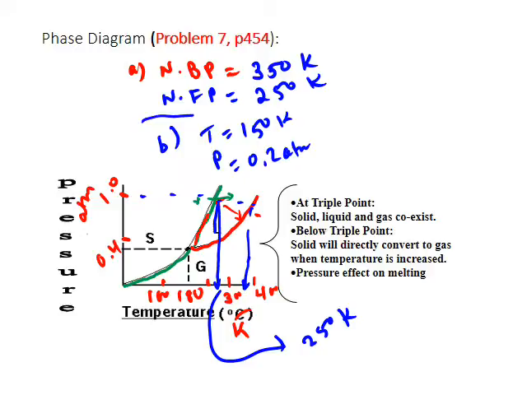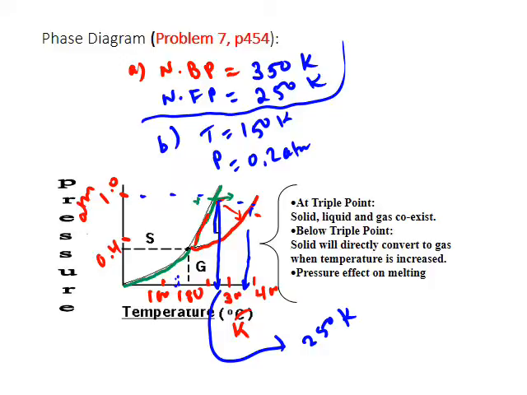Let's draw a line here. You need to say what kind of physical state you would have. Temperature is 150K, so it'd be somewhere here, along this line in between 100 and 200, that'd be 150K. Again, this is not drawn to scale.